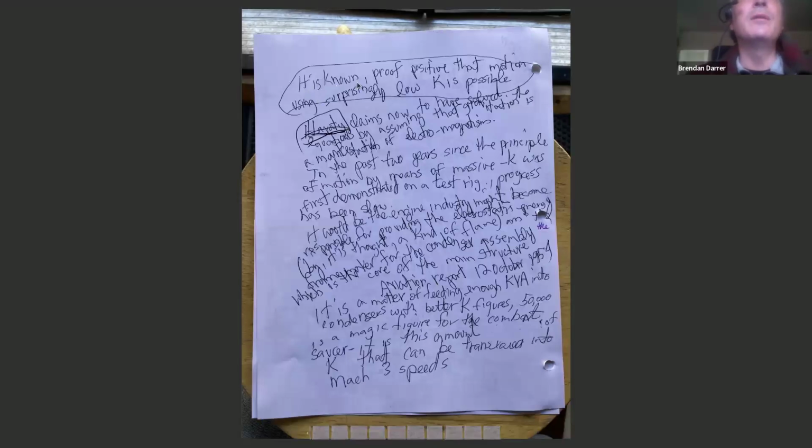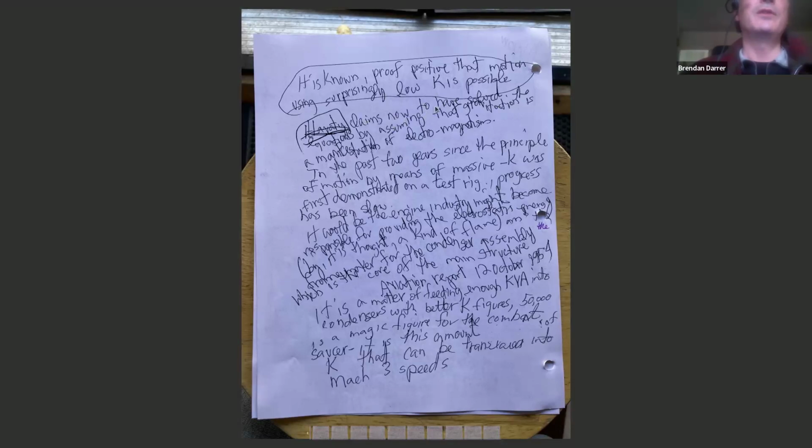It is known proof positive that motion using surprisingly low K is possible.